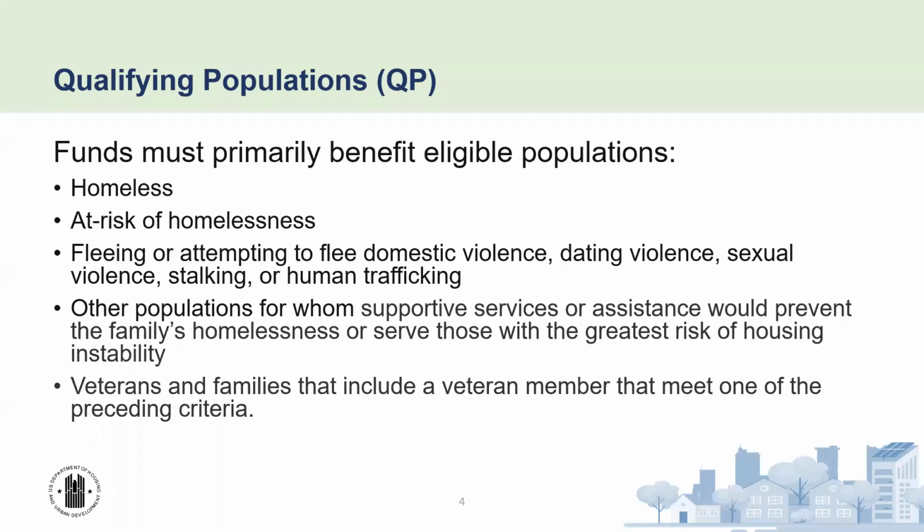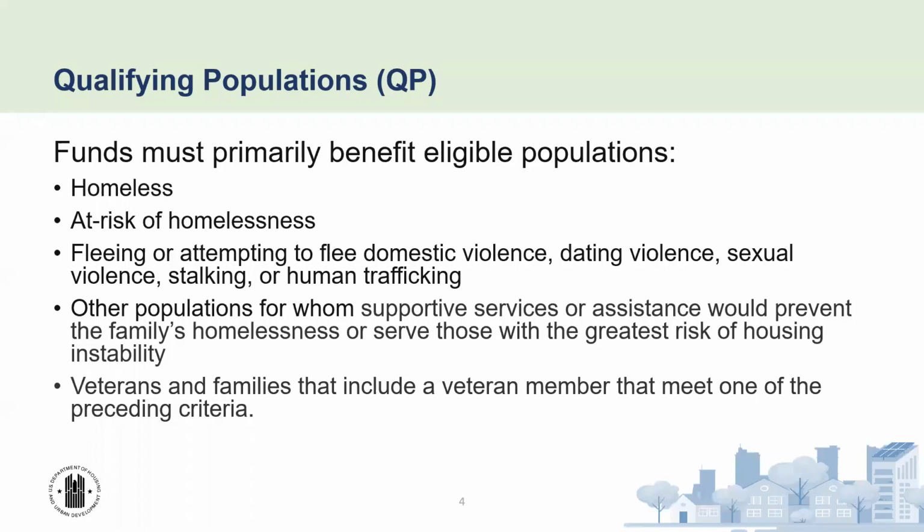From this point on, I'll refer to them as QP. The first is persons who are homeless, and we're using the definition under the McKinney Act, 24 CFR 91.5. And the second is the definition for persons at risk of homelessness, also using the McKinney Act definition.